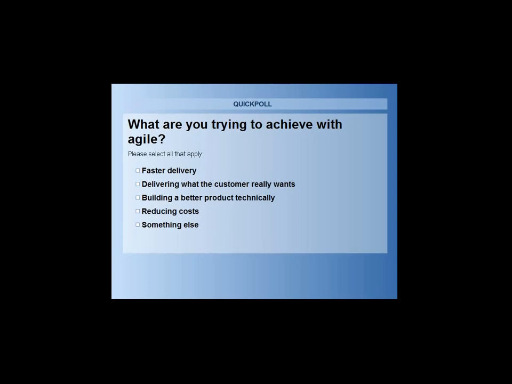So off you go. I'll give you another 10 or 20 seconds. Okay, over three quarters of you have now voted, which is really good. We just need to wait for one more.